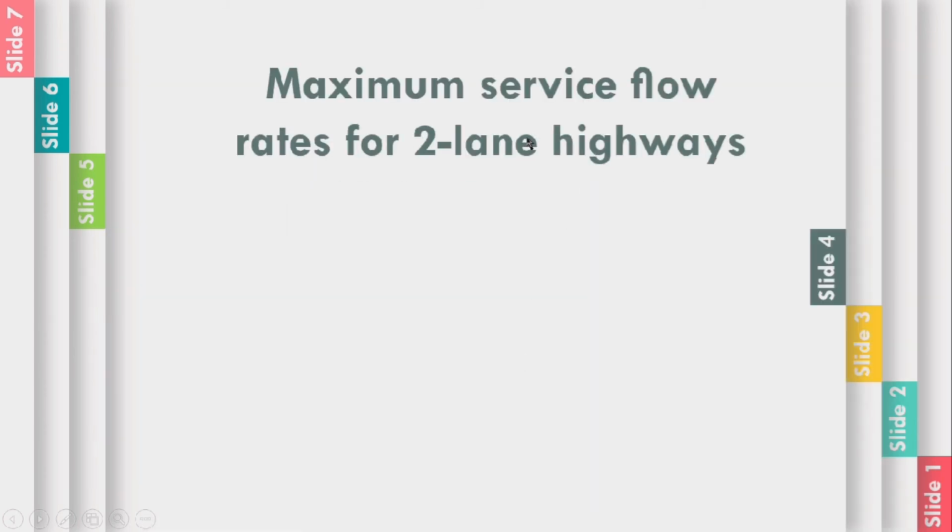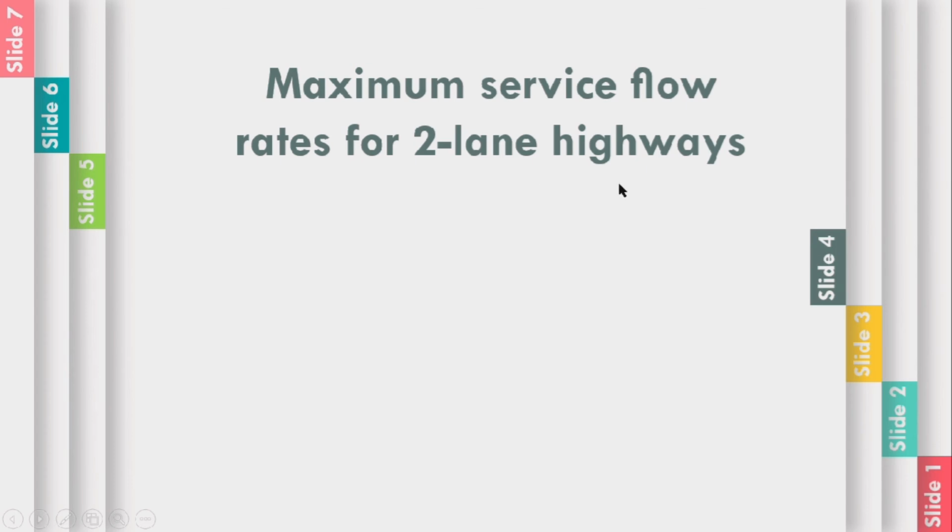For the maximum service flow rates for two-lane highways, the capacity of these highways is expressed as two directional value rather than the one directional value used in the previous section for multi-lane highways. Under ideal condition, the capacity of a two-lane highway is set at 2,800 passenger cars unit per hour.